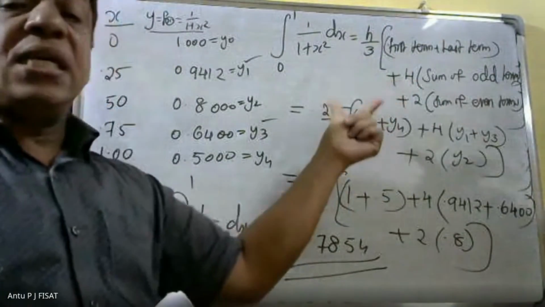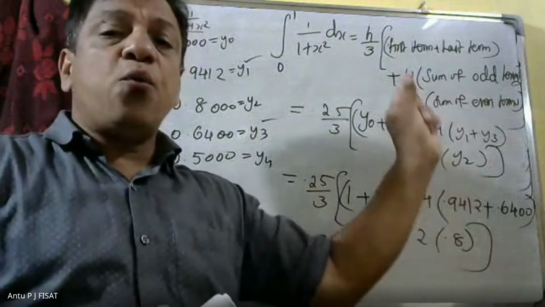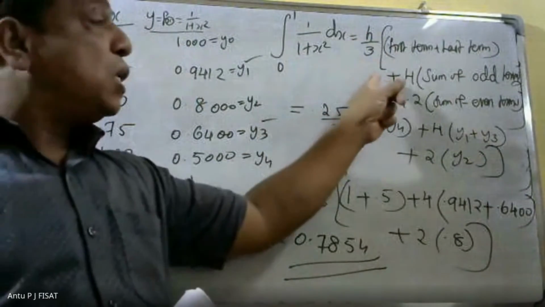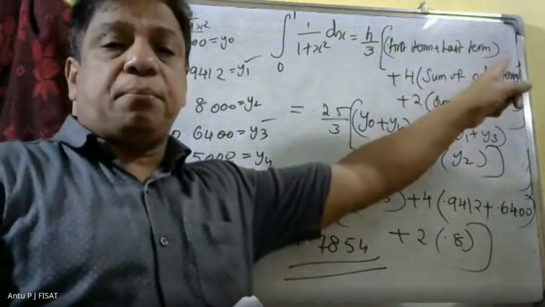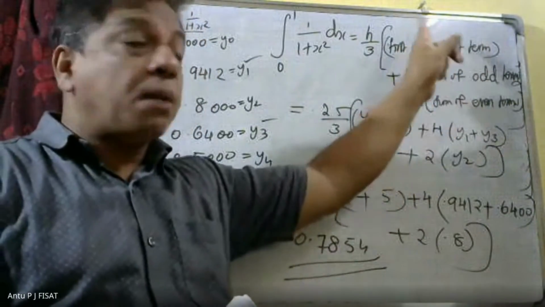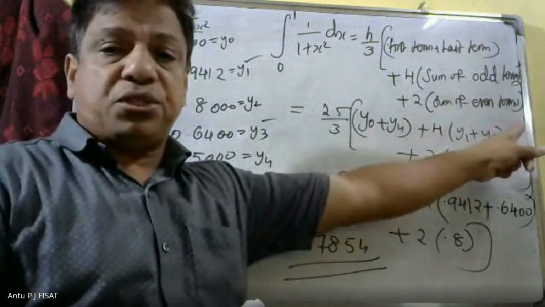This method is known as Simpson one-third rule. Simpson one-third rule says integral equals h by 3 into first term plus last term, plus 4 into sum of odd terms, plus 2 into sum of even terms.